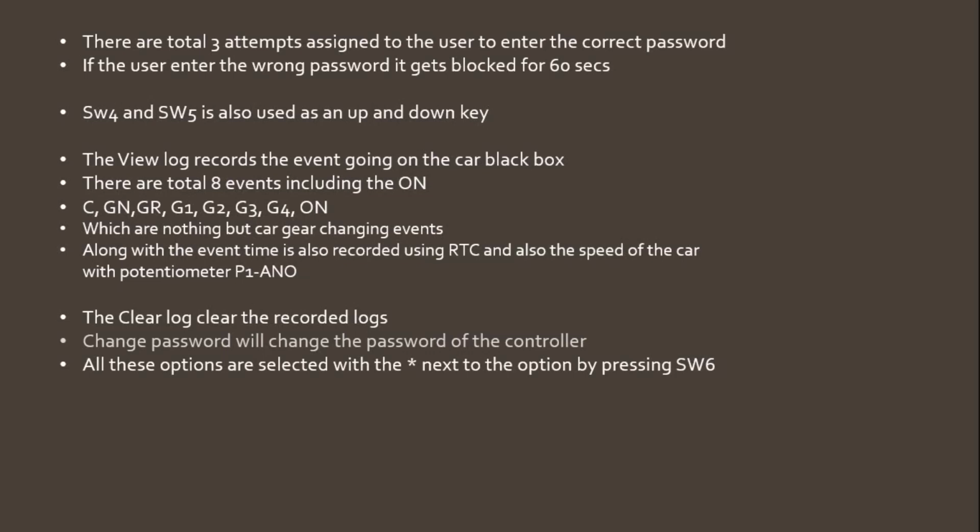Along with the event, the time is also recorded using the RTC, and also the speed of the car with the potentiometer P1 AN0. The clear log clears the recorded logs. Change password will change the password of the controller. All these options are selected with the star next to the option by pressing switch 6.